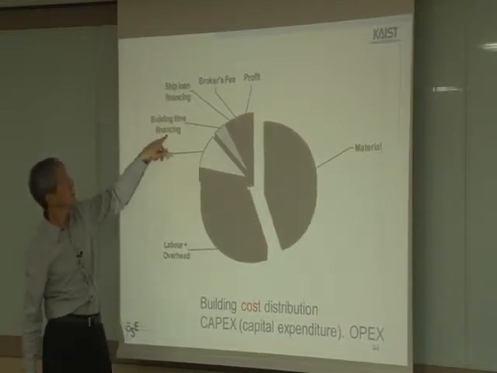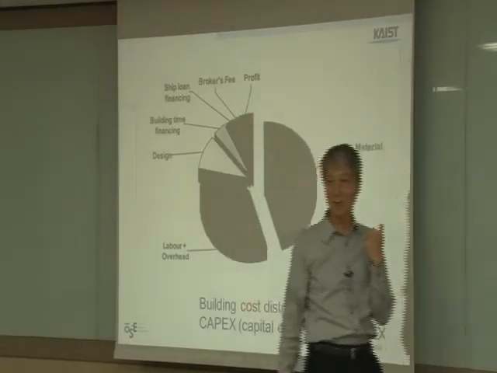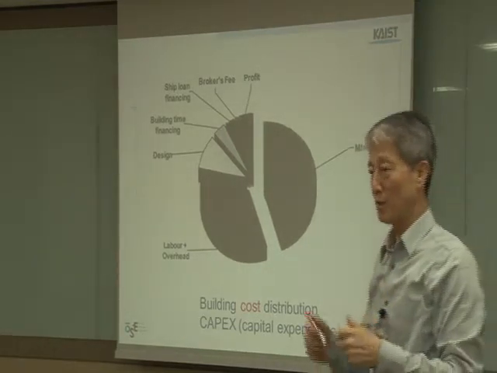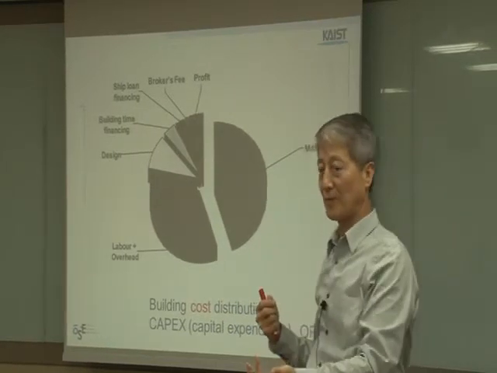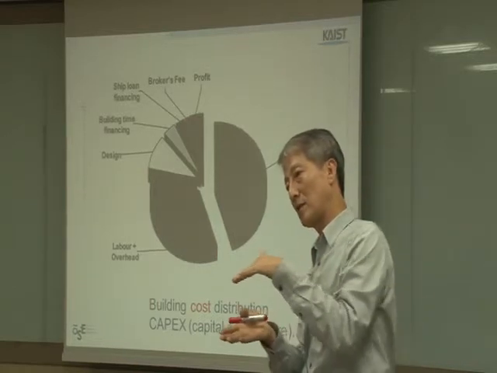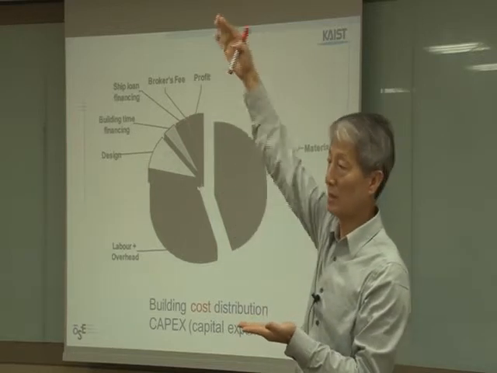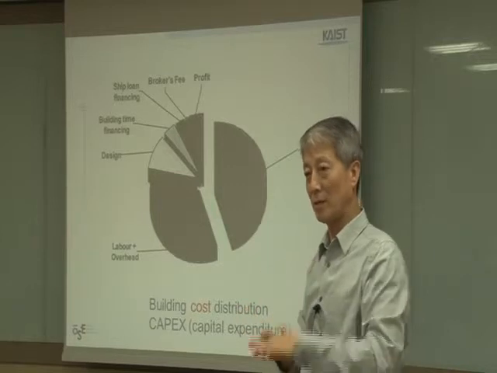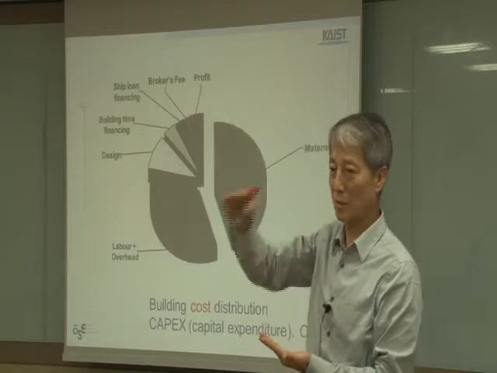Building time financing. What is building time financing? The company loans money to build the ship, to purchase material, to pay salary. Because the money payment is not continuous. There are several steps of payment. From the beginning, probably there is some down payment. But midway, probably two or three payments.